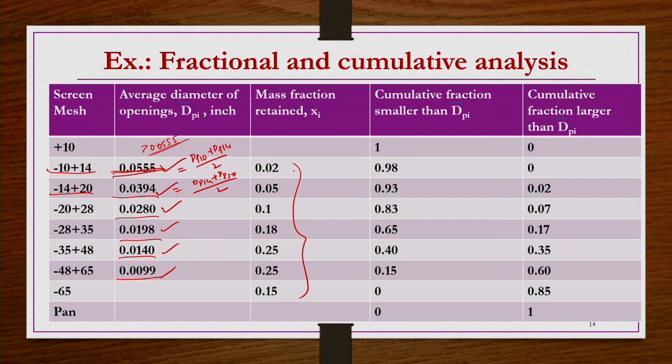Their corresponding fractions should be added and then written here. Likewise, let us say we do the second one. What is the fraction of material which has size less than 0.0555?